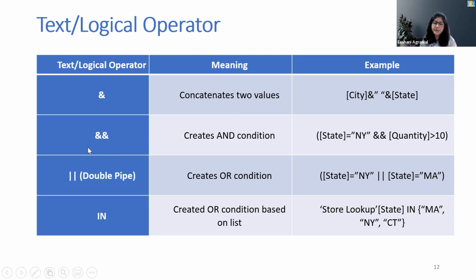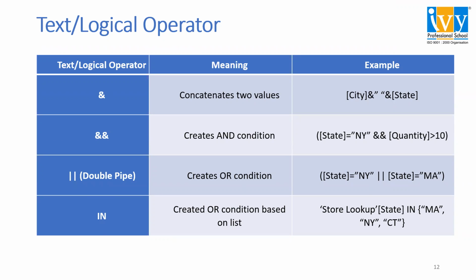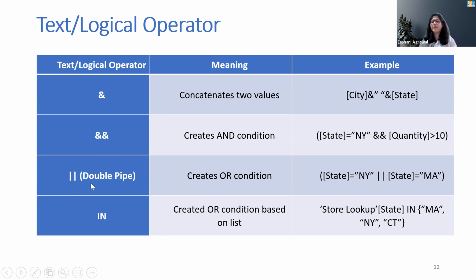If I use double ampersand or if I use a double pipe symbol, what is the output that I should expect? What output should I expect? When you're using double ampersand or double pipe symbol, what are the outcomes I should expect?